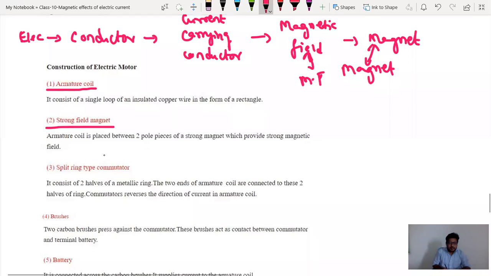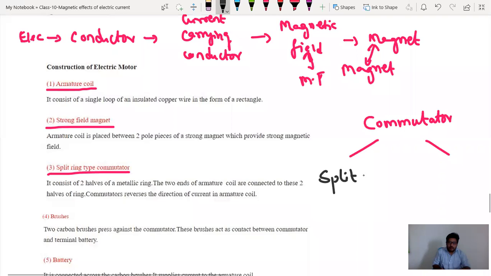Next, split ring type commutator. Guys, while coming to commutator, you have two types. First one is split ring. Second one is slip ring.